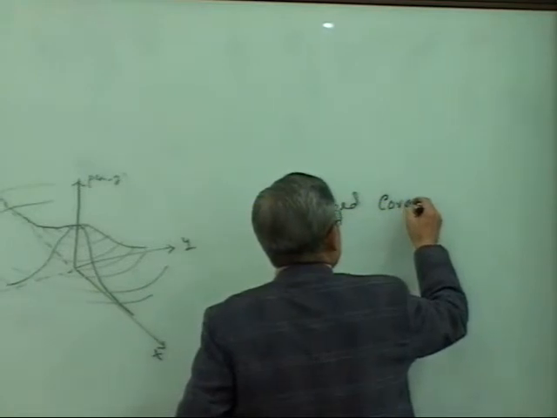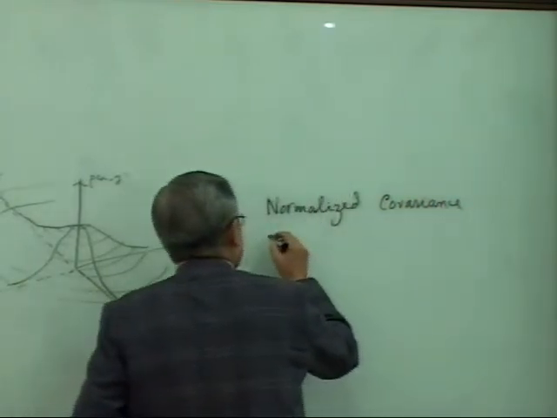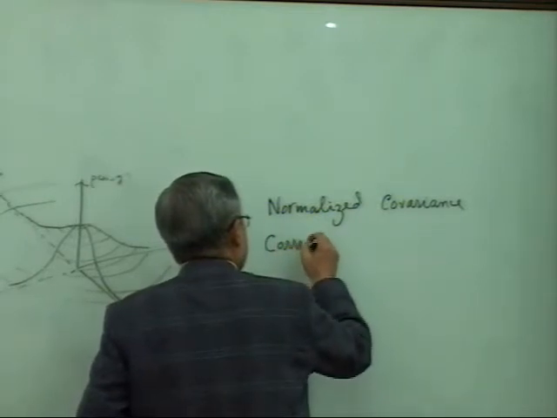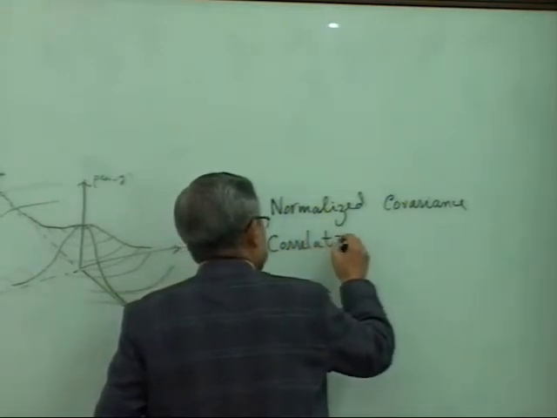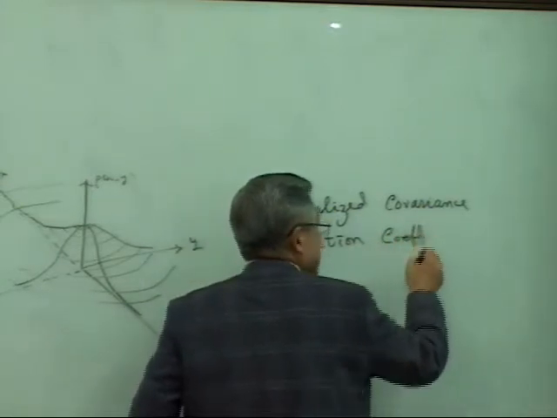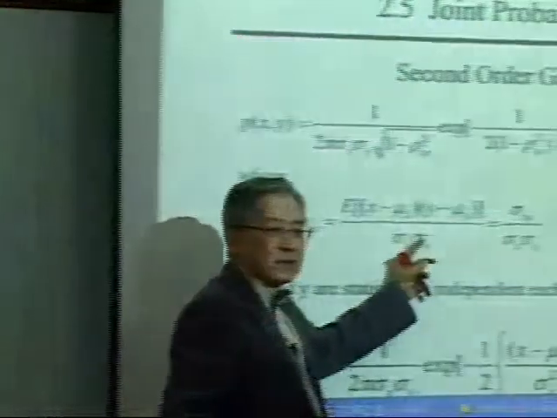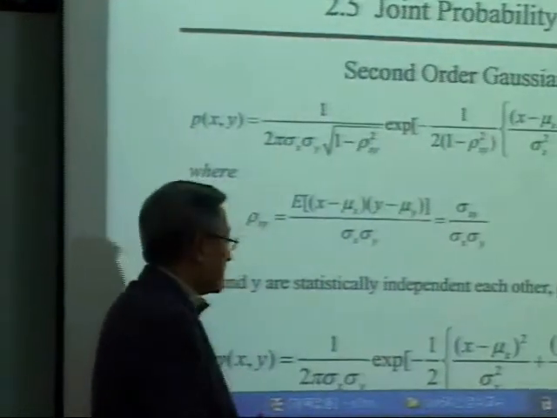Normalized covariance, or correlation coefficient. Okay. So we'll talk quite a bit on this.